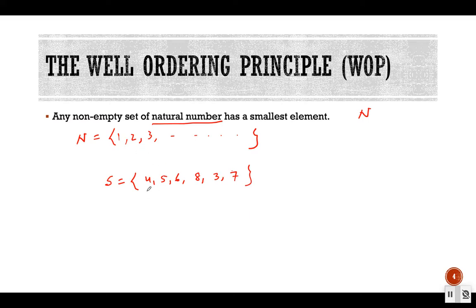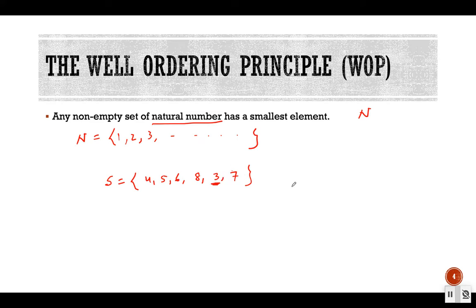Okay, so in any set there will be one element which will have the least value, okay, smallest value. So in this set we have the smallest value. The smallest value is 3. Okay, if we just sort all the numbers based on their value in ascending order, the first element will have the smallest value.